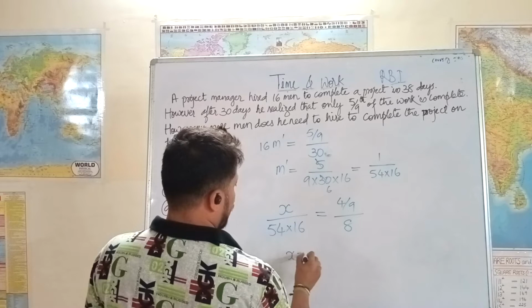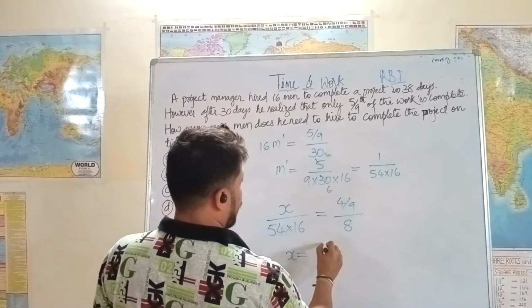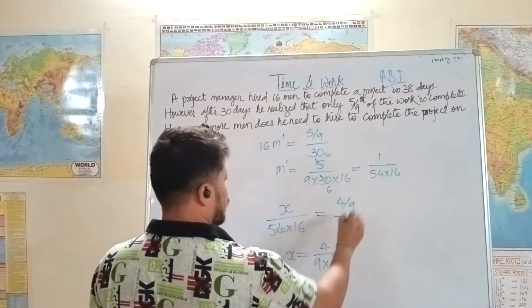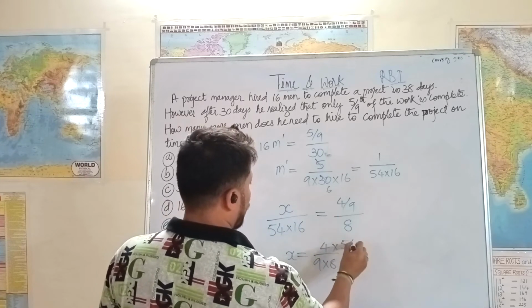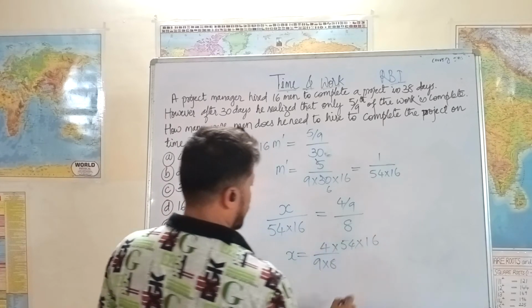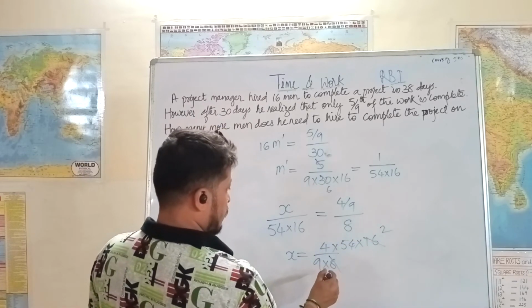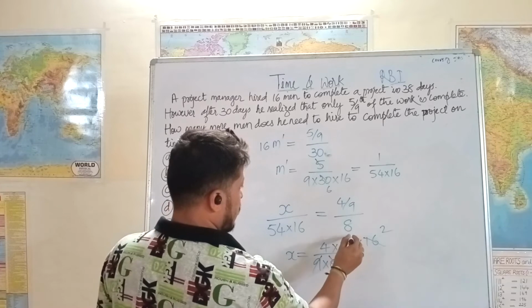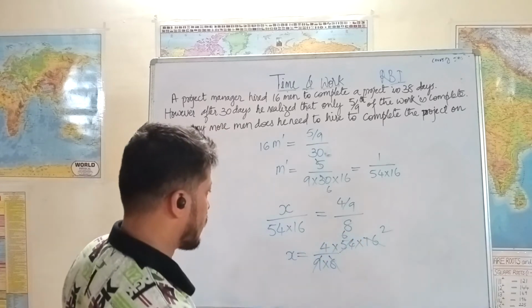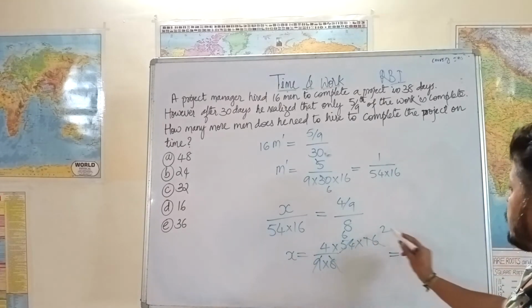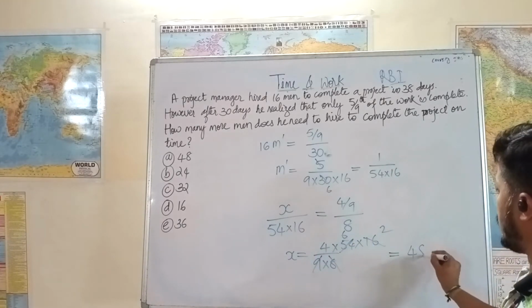Now X is equal to what? X is equal to 4 divided by 9 into 8. This goes to the numerator. So 54 into 60. 8 ones are 8, twos are 2. 9 ones are 9, 6 are 6. So 4 into 6, 24, 24 into 2 is 48.